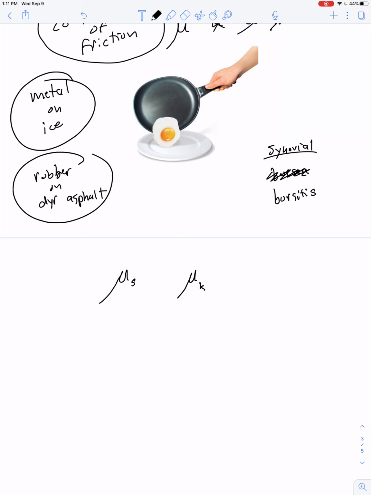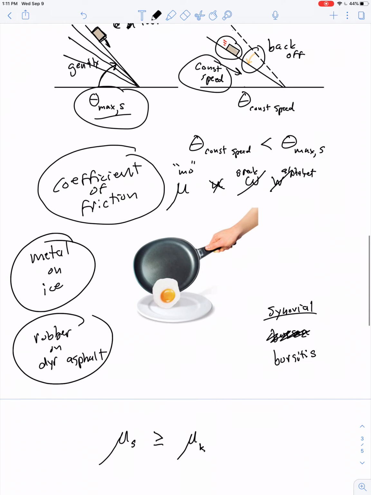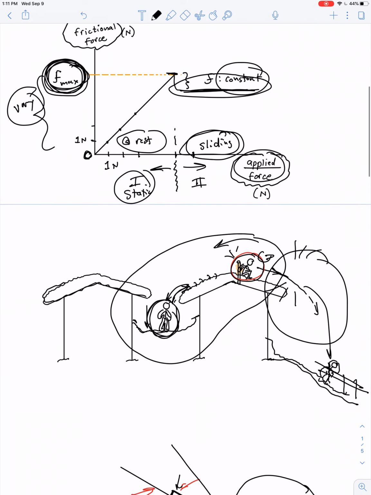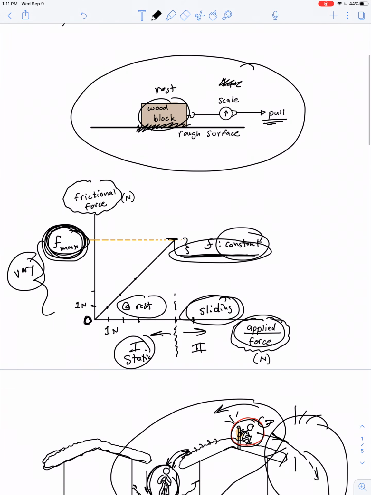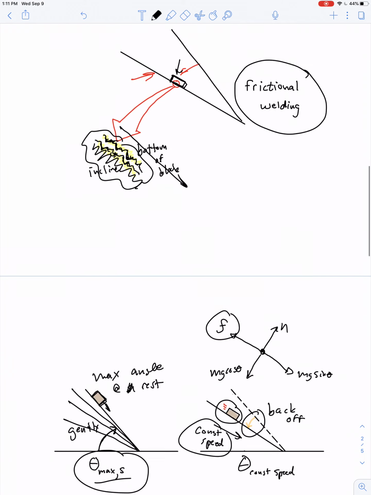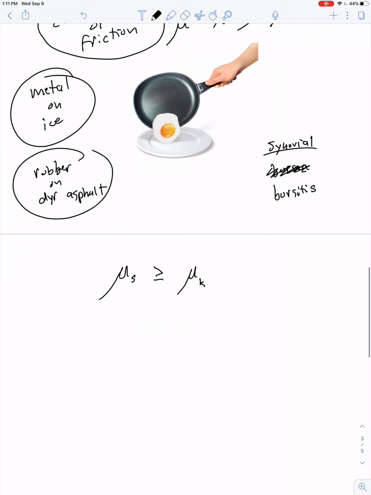And the coefficient of static friction turns out is always greater than or equal to the coefficient of kinetic friction, which gives, I suppose, a mathematical reason of why the maximum static force is greater than the constant sliding force of friction. I get greater than. What about the equal?